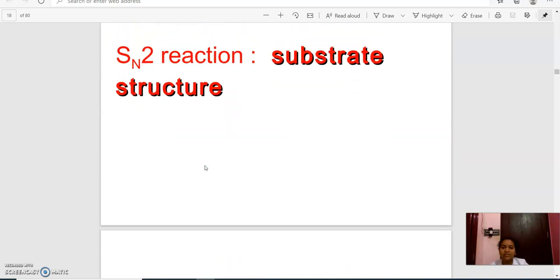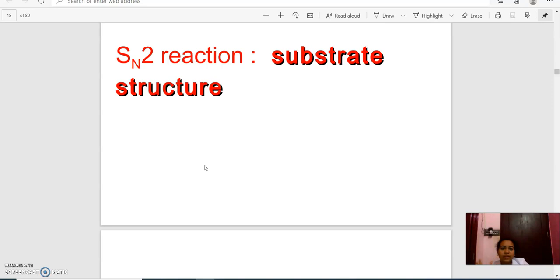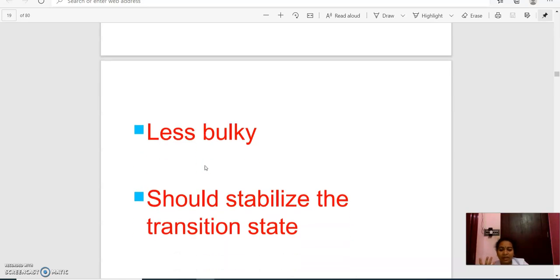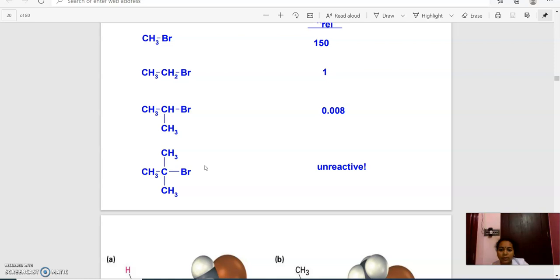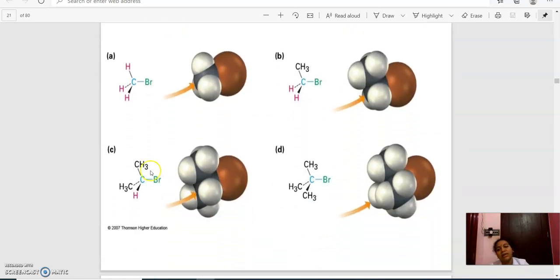The first factor affecting this SN2 reaction is the substrate structure. The substrate should be less bulky and should stabilize the transition state. For example, here you can see an image of this. Here the carbon is attached to 3 hydrogens, so that is a methyl group, and CH3 CH2 Br is ethyl.